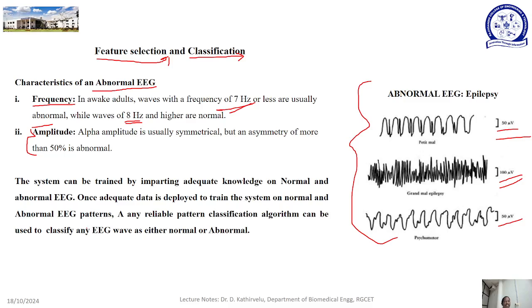So what is classification? The system can be trained by imparting adequate knowledge on normal and abnormal EEG. Once adequate data is deployed to train the system on normal and abnormal patterns, any reliable pattern classification algorithm can be used to classify an EEG wave as either normal or abnormal.